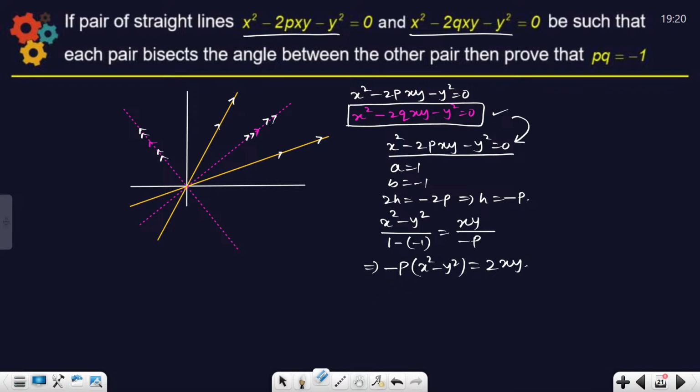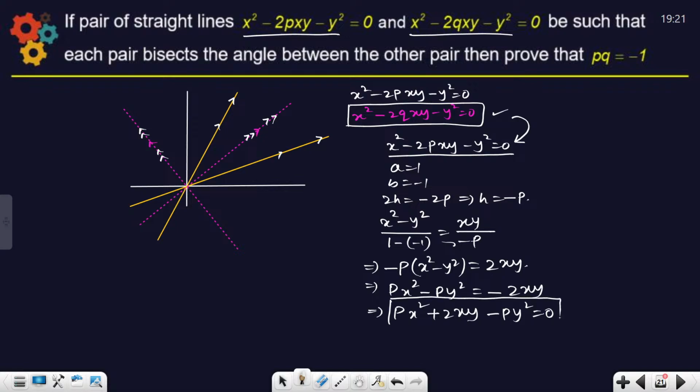If we multiply, we get px square minus py square equals minus 2xy. Taking it to this side, px square plus 2xy minus py square is 0. This is the combined equation of the angle bisectors of these two lines.